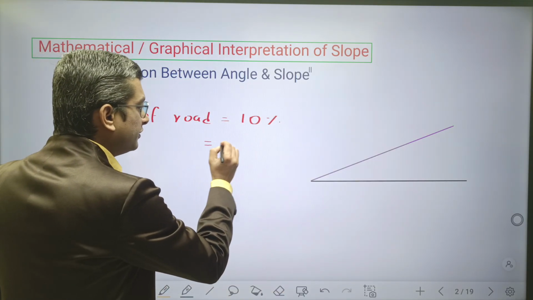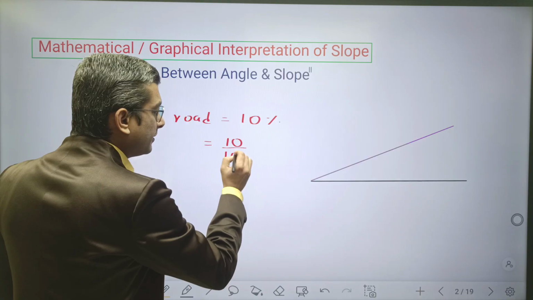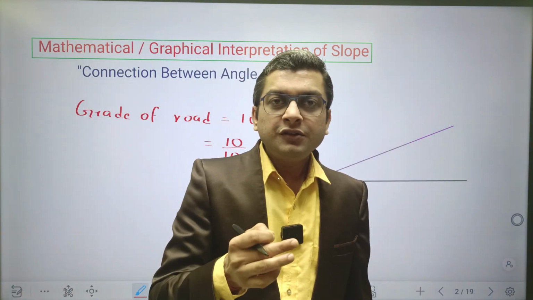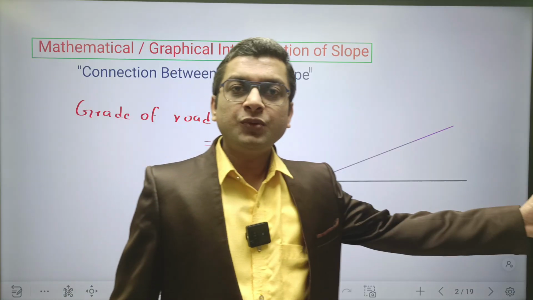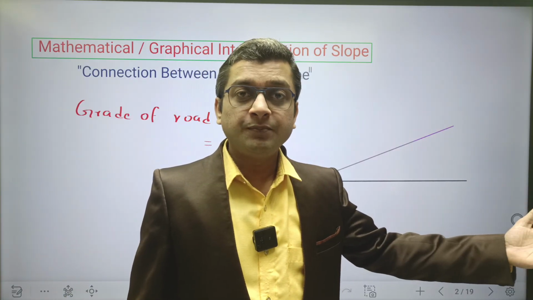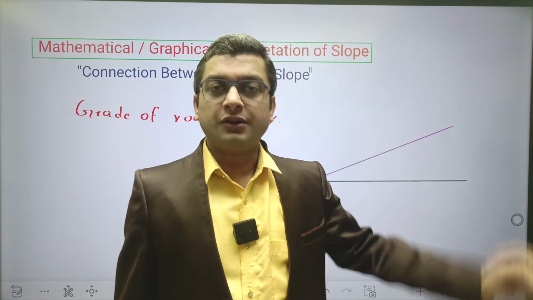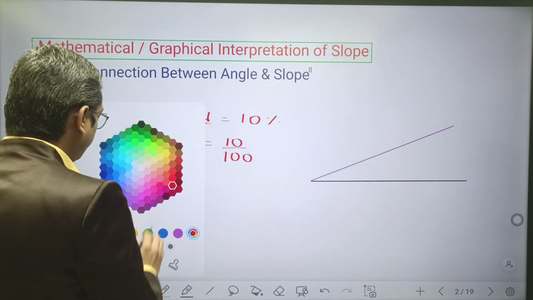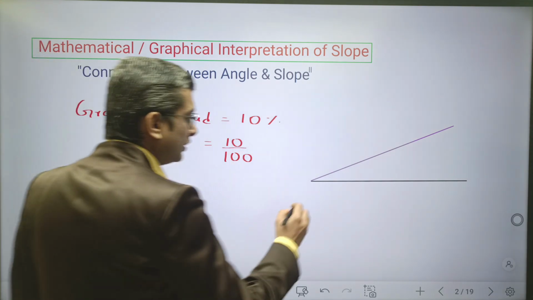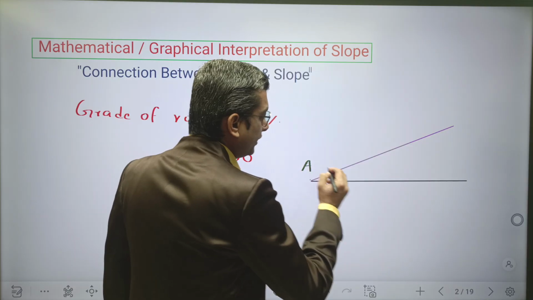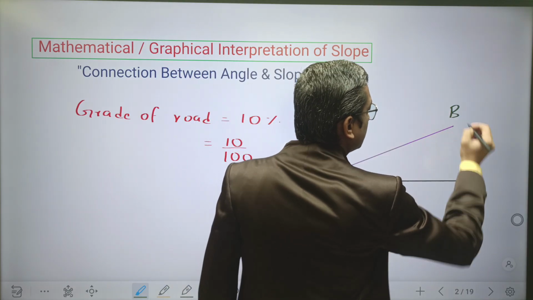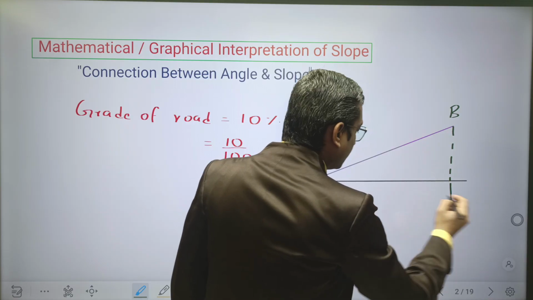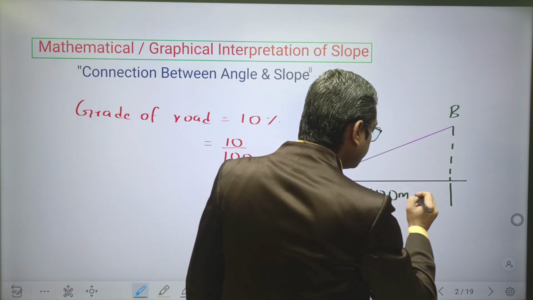Now 10% means this is 10 by 100. So what does it mean, 10 by 100? It means that for every 100 meter you cover along horizontal direction, you will get rise by 10 meter. For example, this is road. Suppose this is point A and this is point B, and this distance is 100 meter.